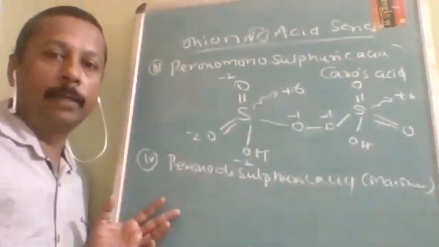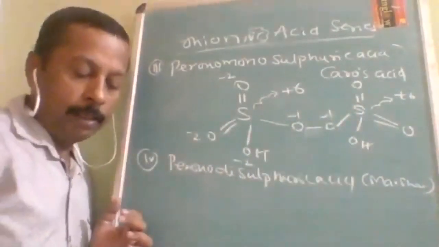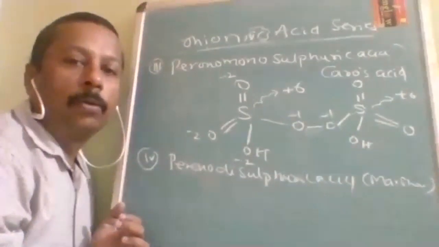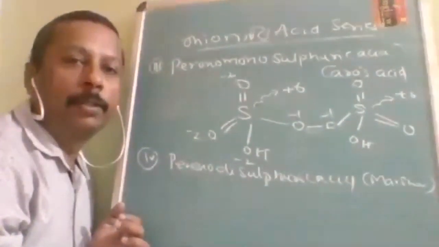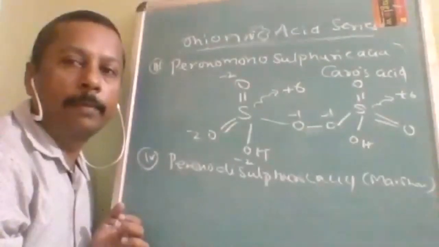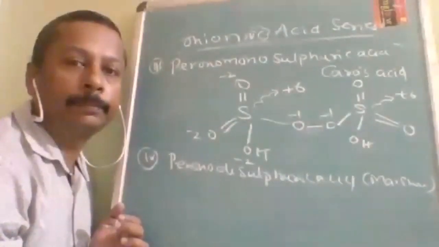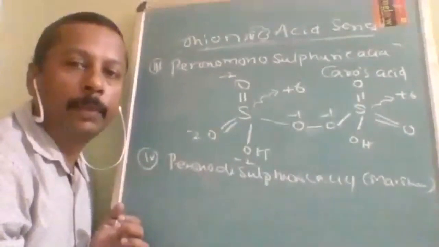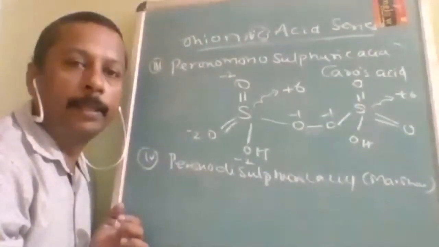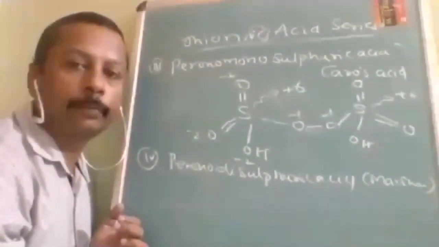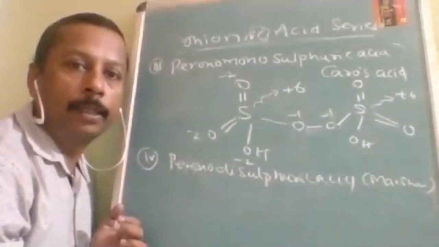Apart from this oxidation number and all, now you should start making notes. I am giving you some time. It should contain all the parameters. Is it understood, students?